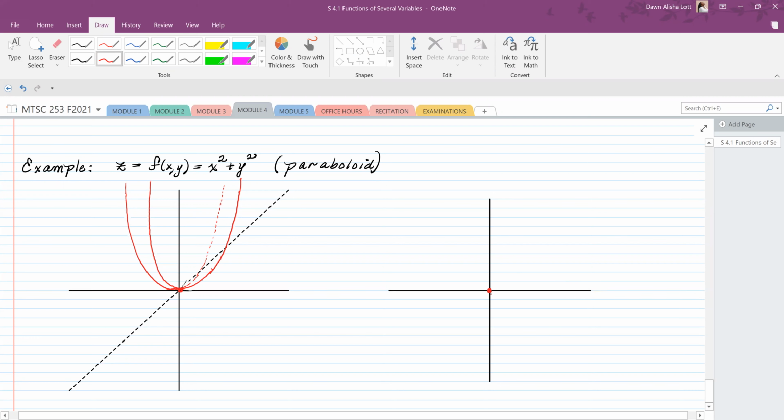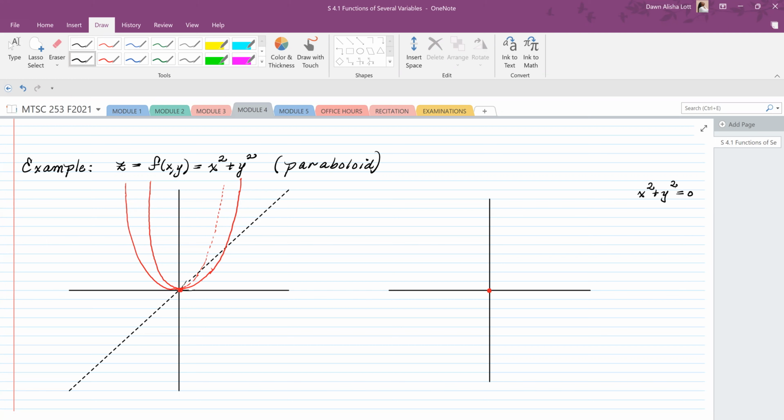In other words, Z equals 0 is x squared plus y squared is equal to 0. The only way that can happen is if x and y are both 0, and you get Z is equal to 0.